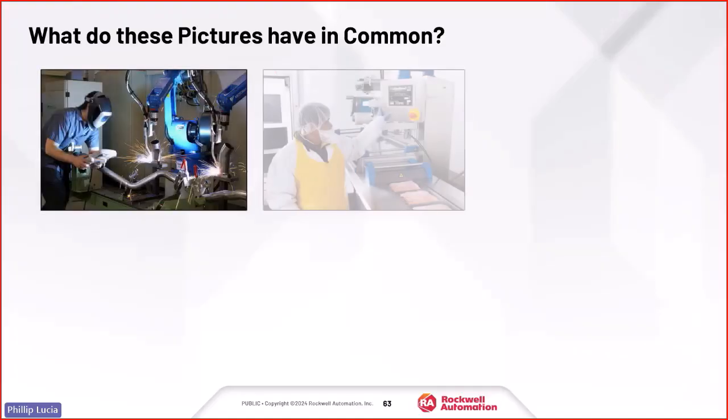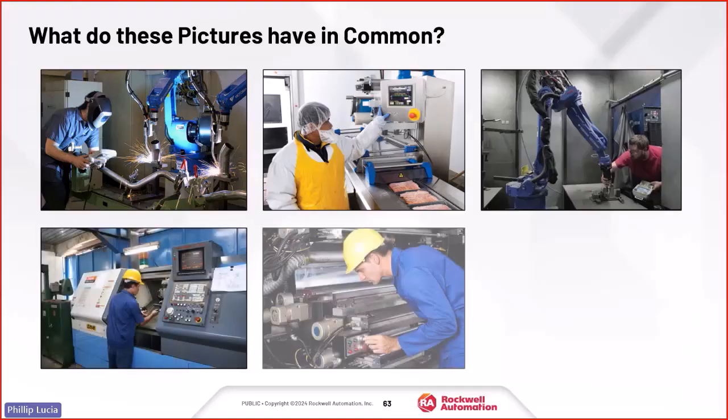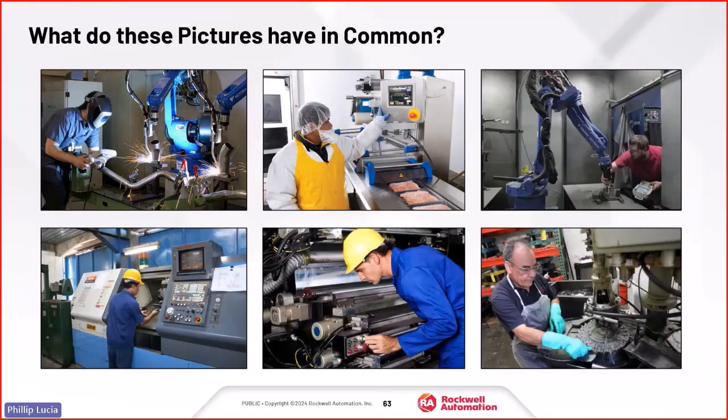So thinking about it in context, what's going on in different manufacturing scenarios and different types of machine applications. Although we have a robot in a couple of these, you might say CNC, manual drill press, perhaps.